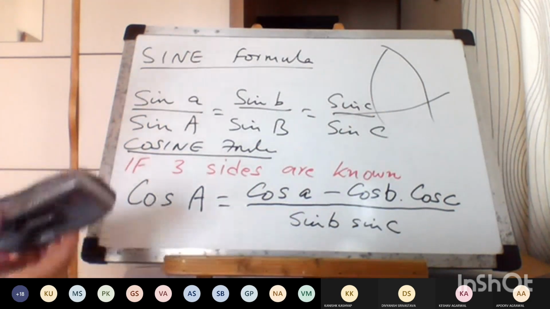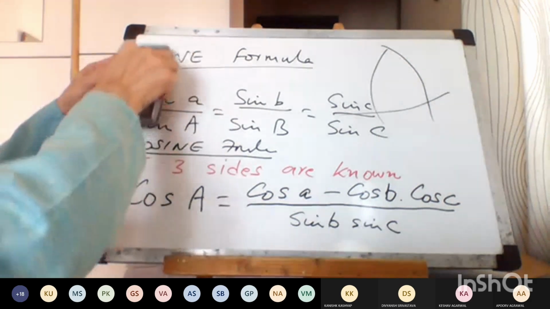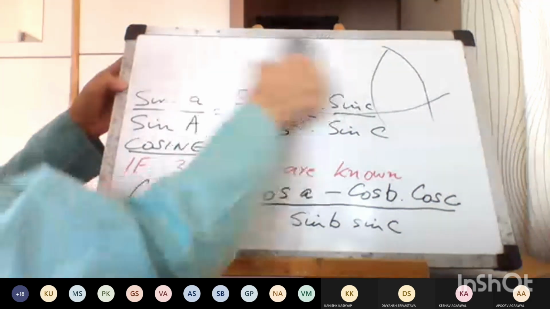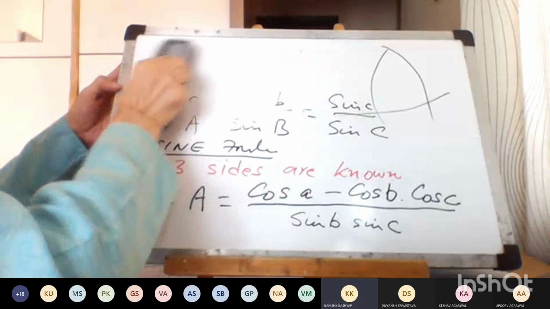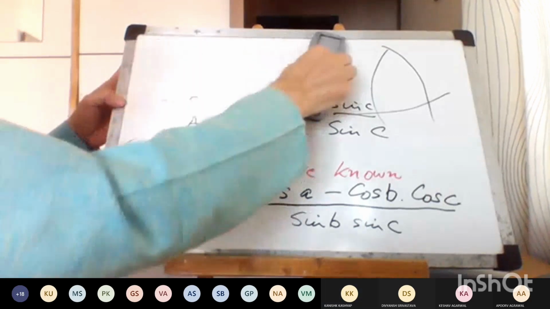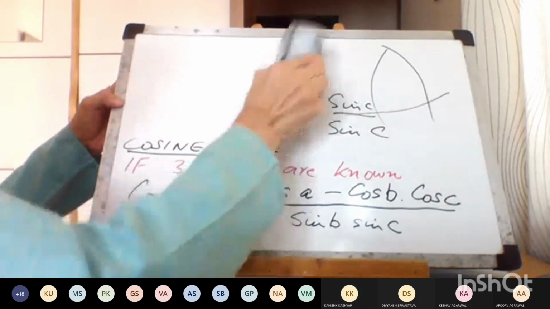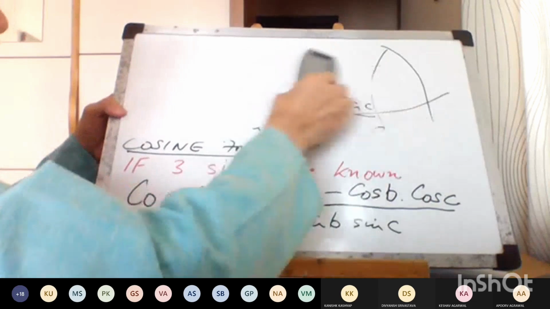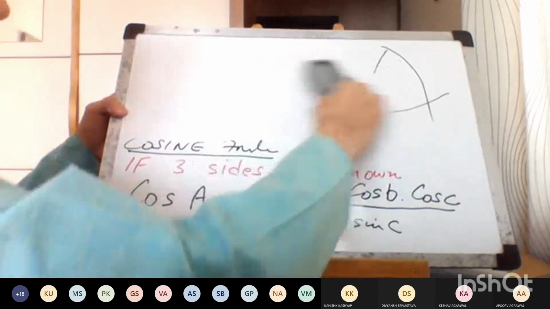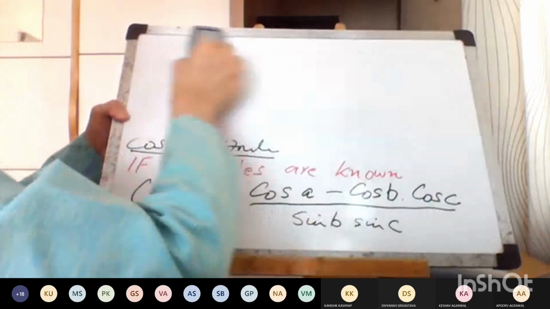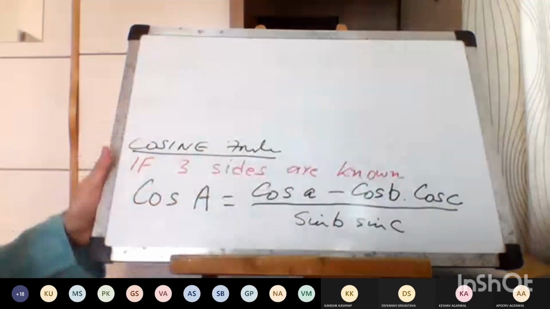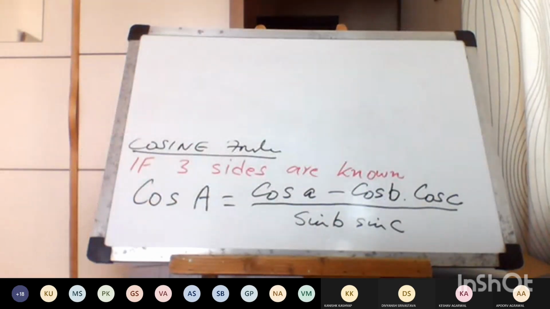Do you know this or no? Yes, sir. So you have to decide what is given. If 3 sides are known, then it is this. Which is the next one?